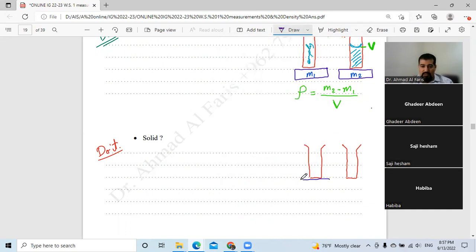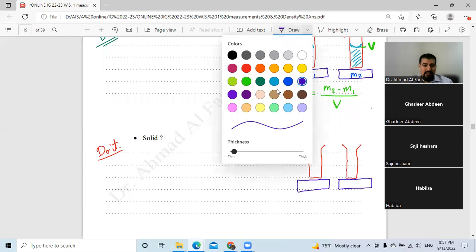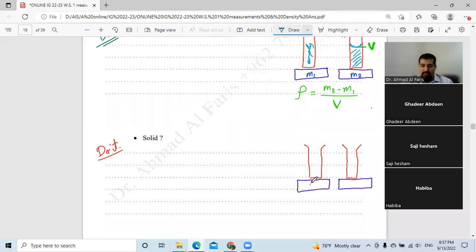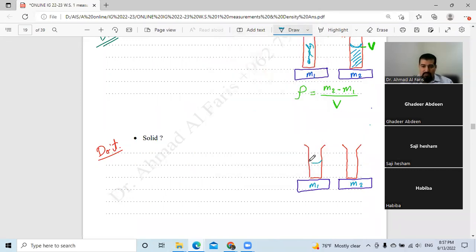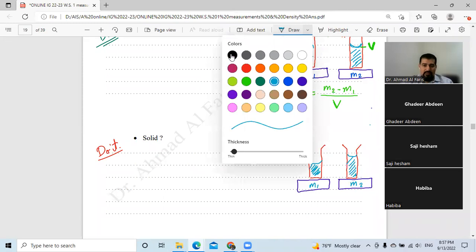I will measure its mass and the volume change before and after adding it. So I have here M1 and here M2, and this was the volume, filled with water here. When I put the stone, it becomes filled with water until here. So this is the stone, for example.